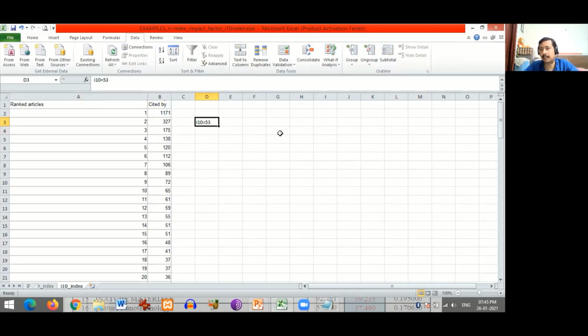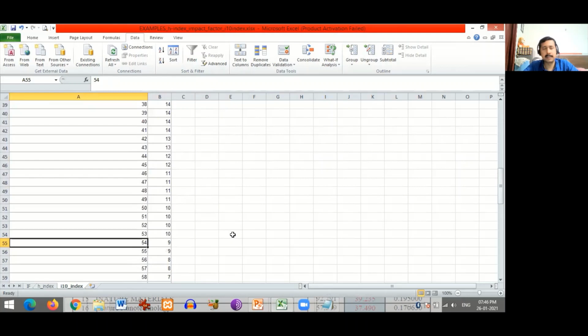That means 53 articles have 10 or more citations. If another article, for instance, 54th article gets one more citation, then I-10 index of this author becomes 54. So this is simply a metric developed by Google Scholar, used only by Google Scholar, and it is getting wider acceptance gradually.